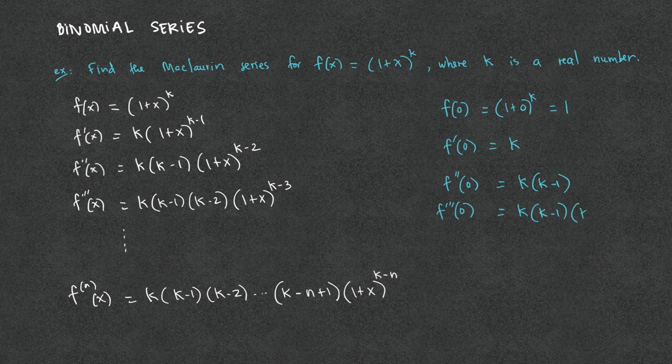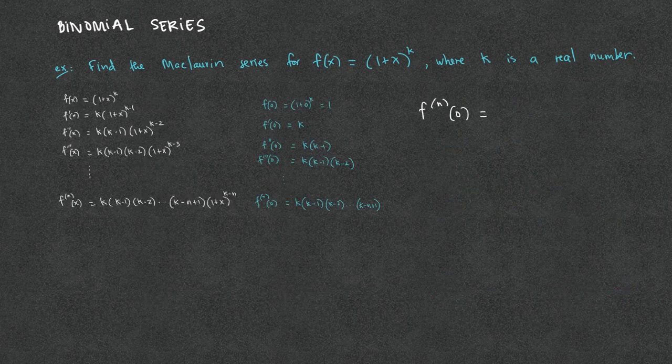The nth derivative evaluated at 0 is k times k minus 1 times k minus 2 times all the way to k minus n plus 1. So the nth derivative evaluated at 0 is the product from k to k minus n plus 1.